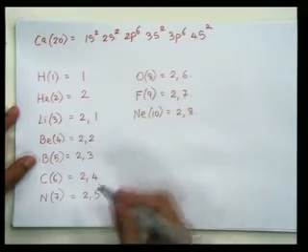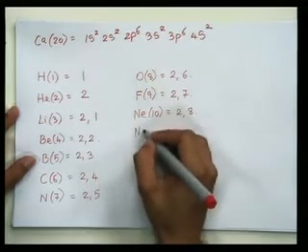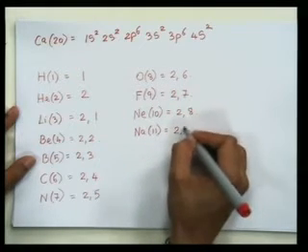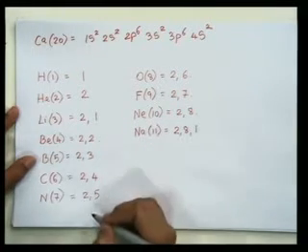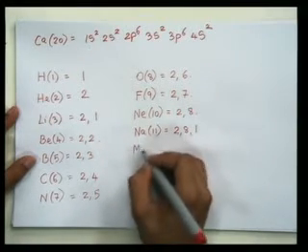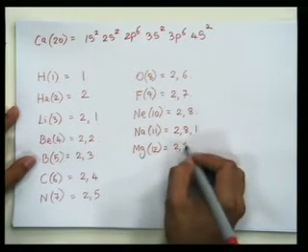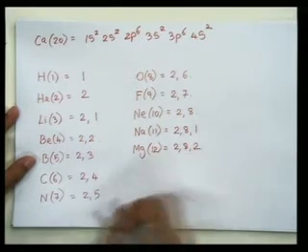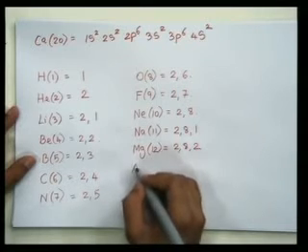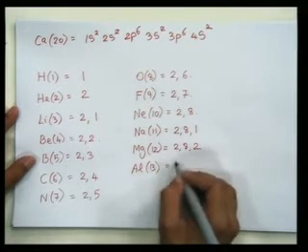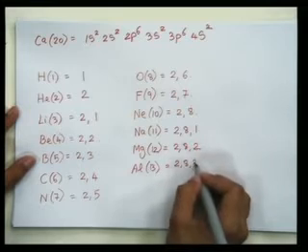Now sodium having atomic number 11, we can write it as 2, 8, 1. Magnesium can be written as 2, 8, 2. Aluminium having atomic number 13 can be written as 2, 8, 3.